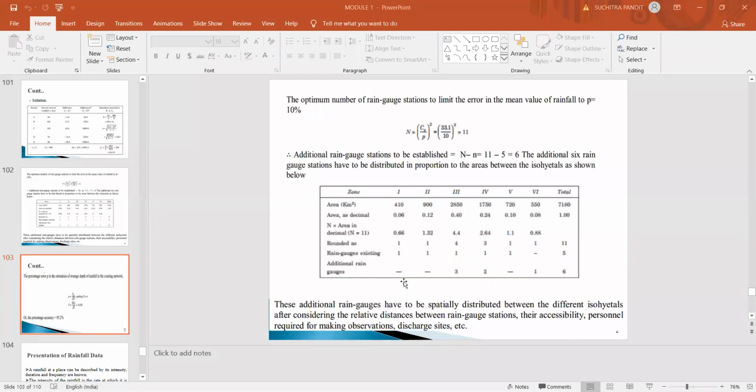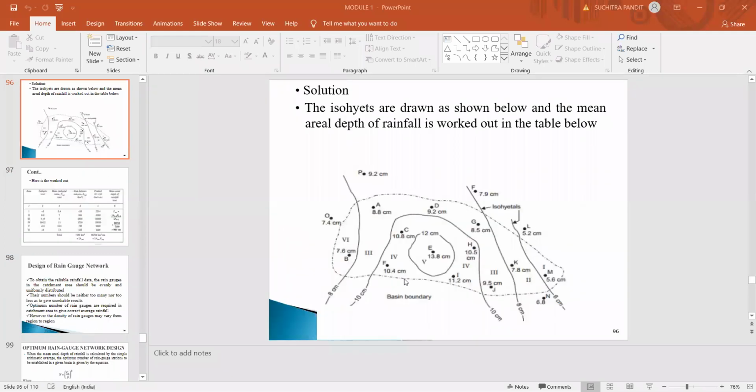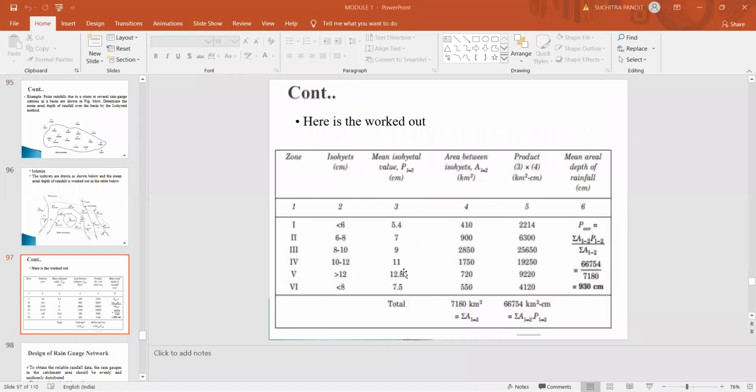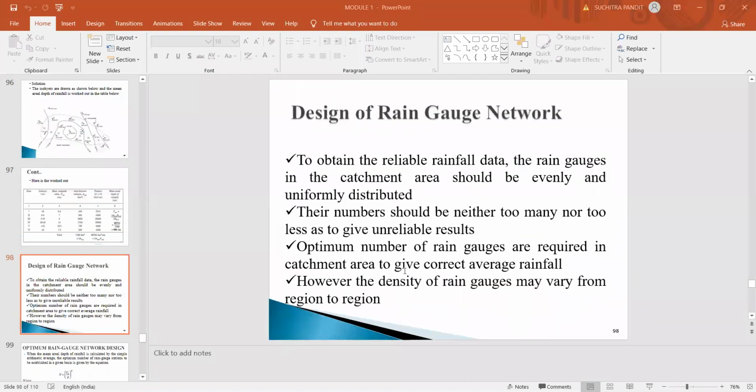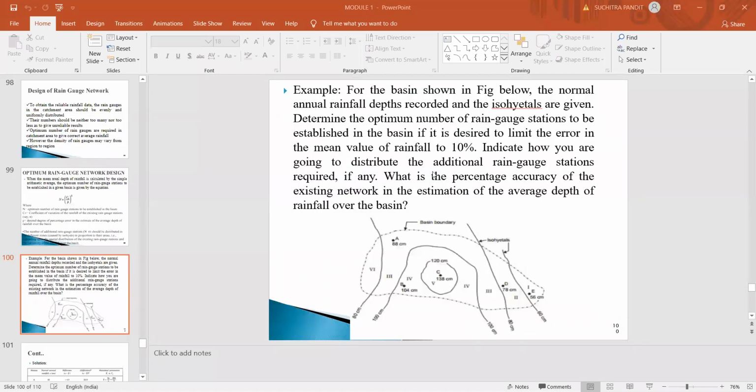85.2%. So in the problem, it has been asked, see here, what is the percentage accuracy of the existing network in the estimation of average depth of rainfall over the basin.